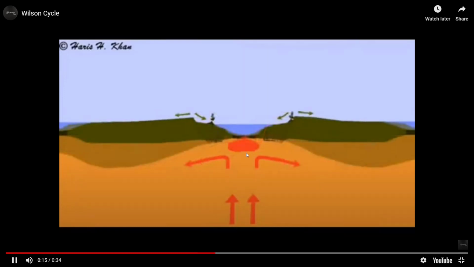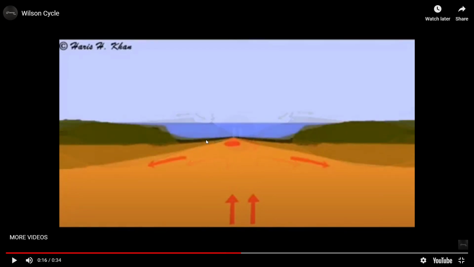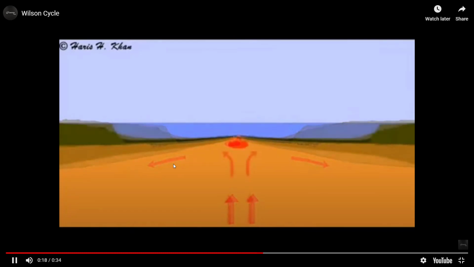This will continue until you have the formation of oceanic crust separating these two continents. You can see that there's still upwelling from the mantle and then spreading out, which is very characteristic of divergent plate boundaries.